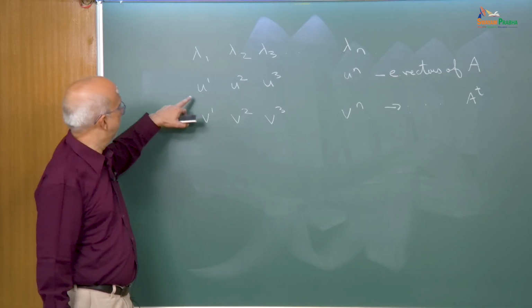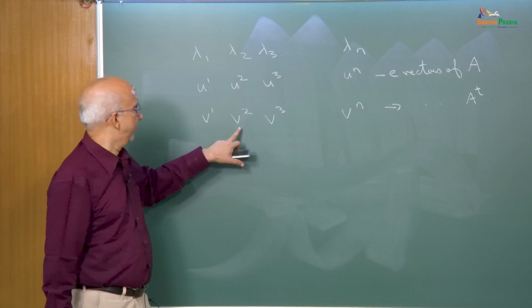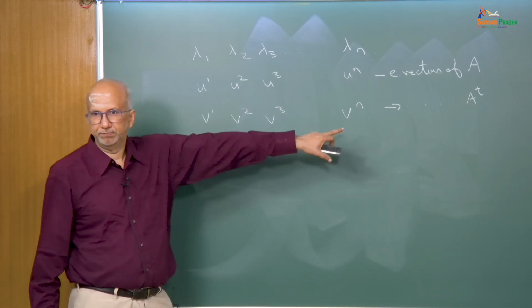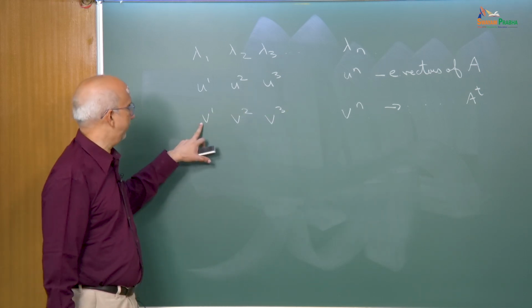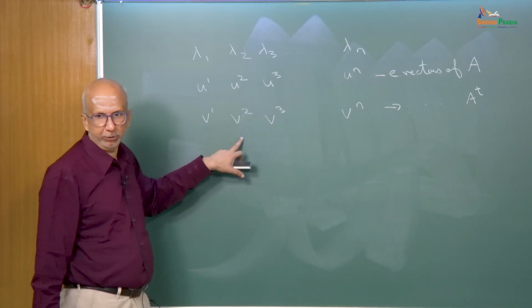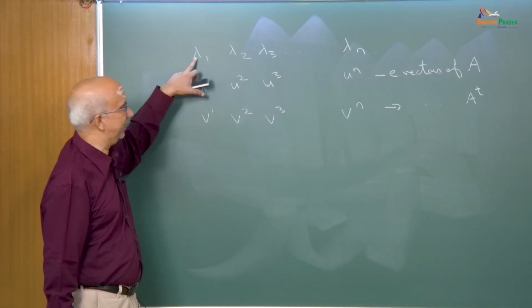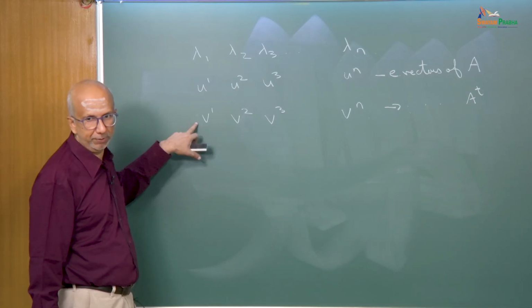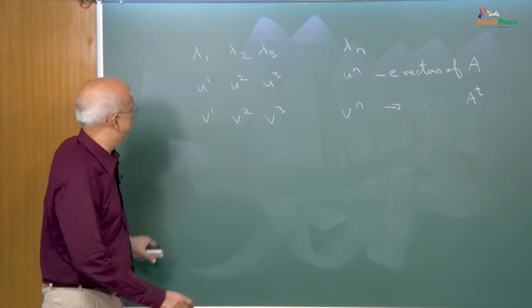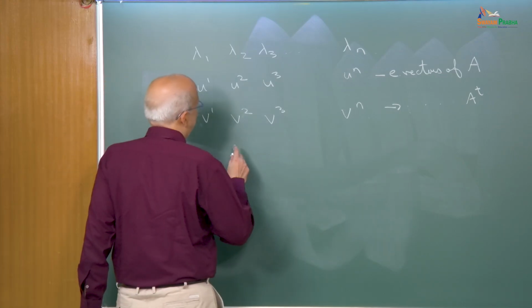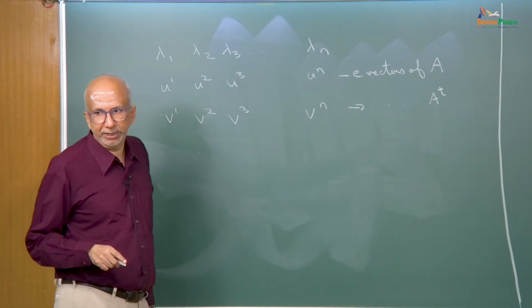What does this mean? This means u1 is perpendicular to v2, v3 up to vn, u2 is perpendicular to v1 and v3, u2 is not perpendicular to v2. u1 is not perpendicular to the one corresponding to the same eigenvalue. So, basically it is perpendicular to the complex conjugate.